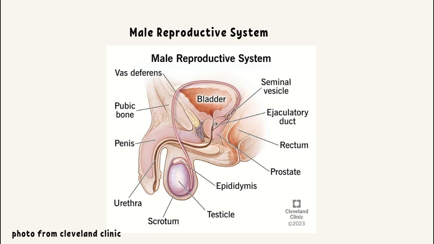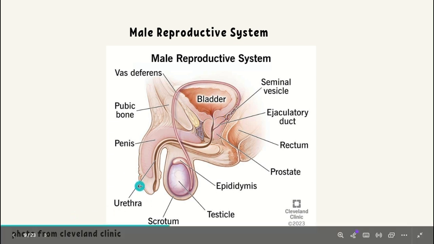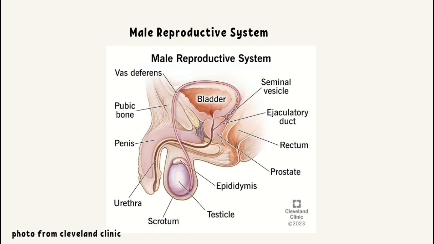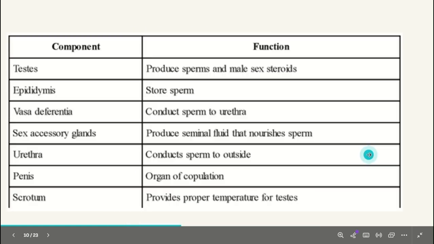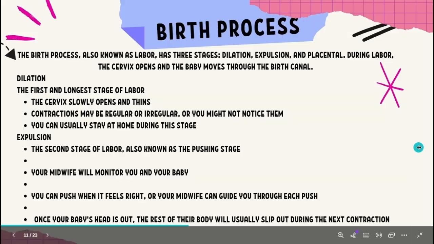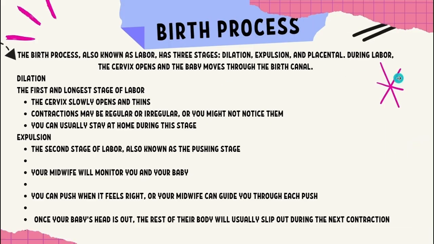Then the scrotum is just a sack of skin that holds the testes and helps to regulate their temperature. And this is pretty much self-explanatory: it's the opening where urine and semen pass through the penis. So basically those are the functions, and now the birth process.